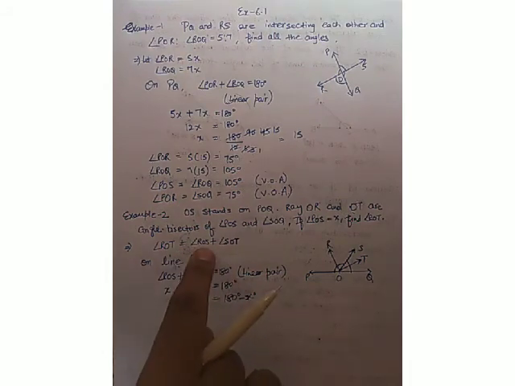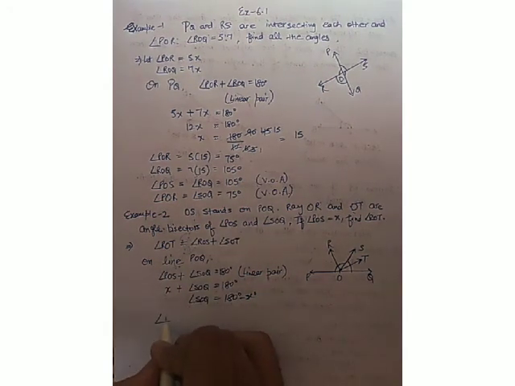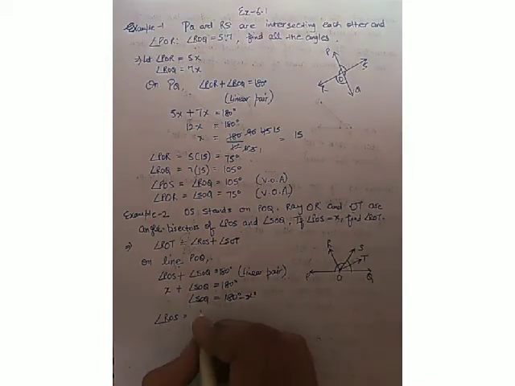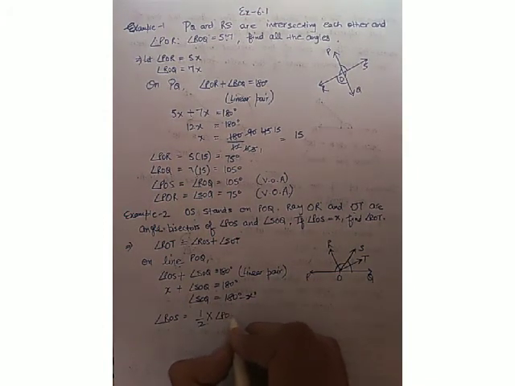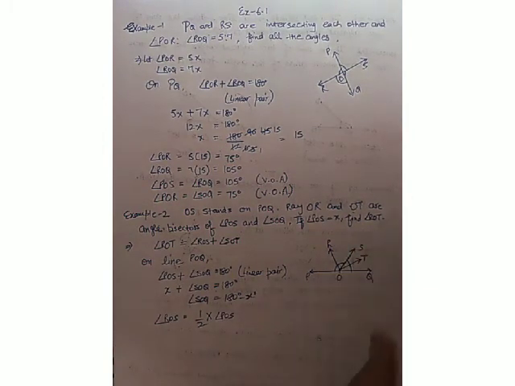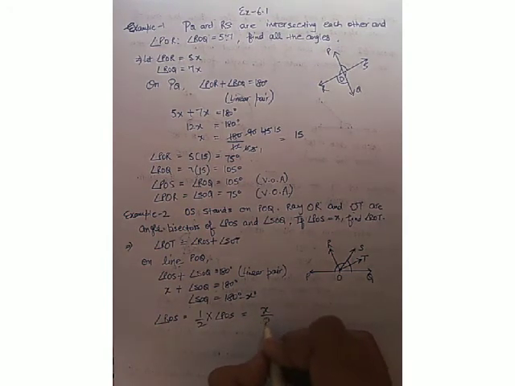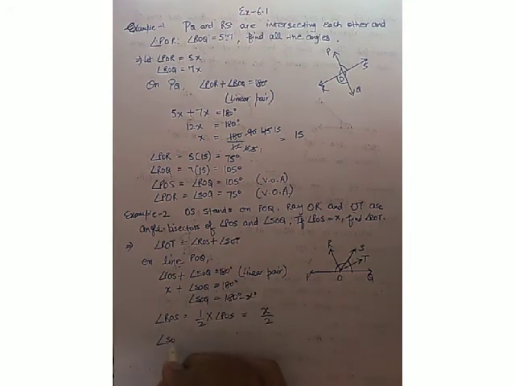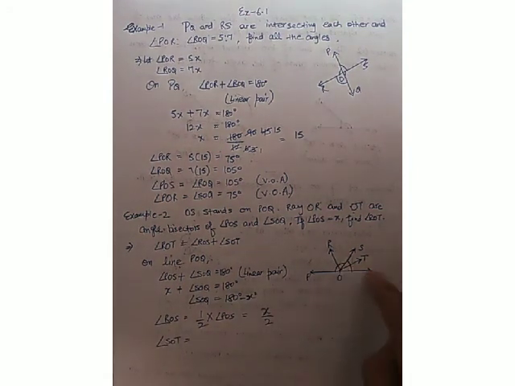Now we have solved this. Now let's find ROS. What is angle ROS? OR is the bisector of POS, so angle ROS will be the exact half of angle POS, because it is dividing POS into two equal halves. So what is angle POS? POS is x, so we will get x upon 2. And angle SOT, what is SOT?